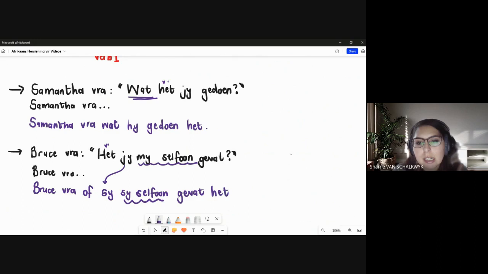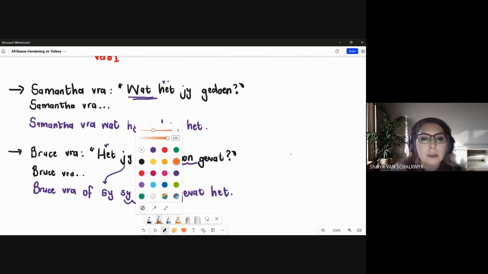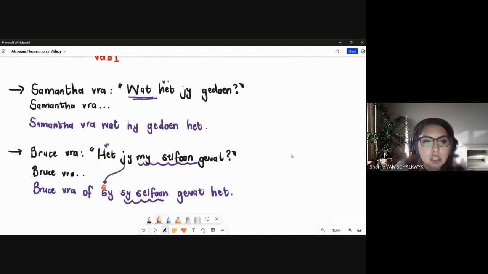I'm actually glad that this one came up. It was very unintentional, but you will write this in your exam and then you will doubt it immediately. You'll scratch it out and you'll write nonsense and your answer will be wrong. But yes, guys, you can have it like that because she is sy in Afrikaans, but also is his. So technically in English, this is Bruce asks if she took his cell phone.